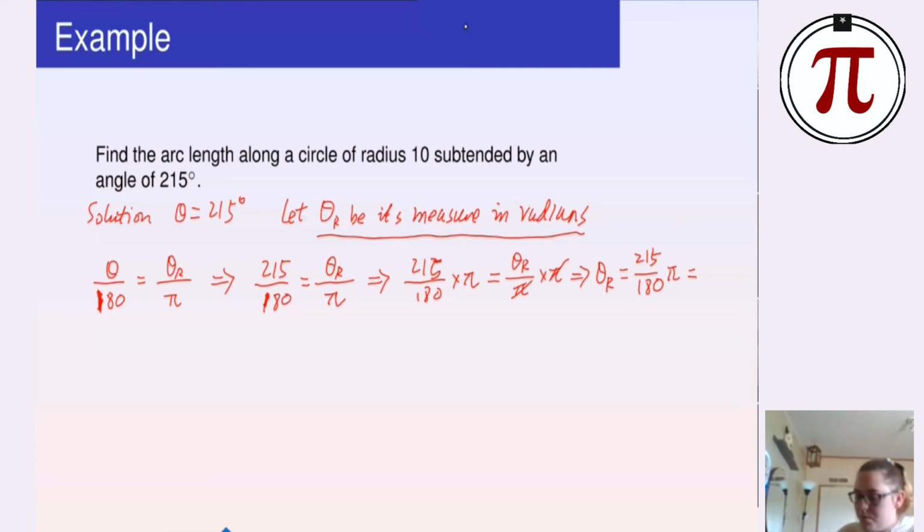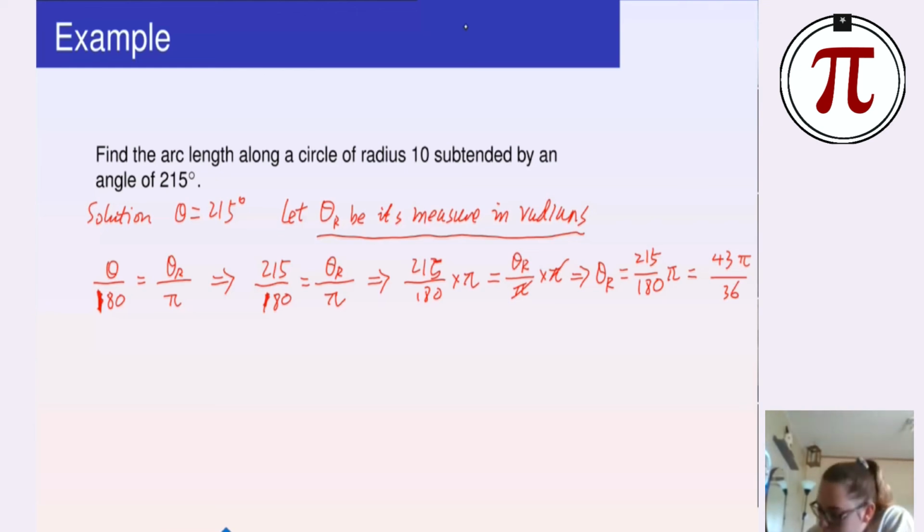Anybody found this theta r? Say theta r equals what? I got 43 pi over 36. Okay, good.